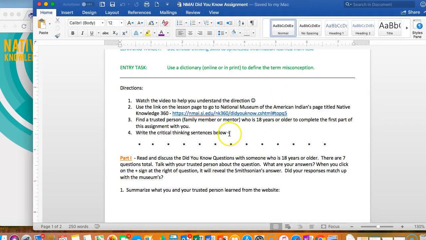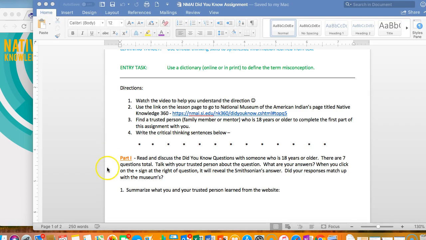Yay! The third one says that you are going to find a trusted person, a family member, a mentor, and what I would like them to be is 18 years or older. I want them to be able to have an adult conversation and share their knowledge with you about these questions regarding Native Americans, okay? And so here's the first part. You will read and discuss the did you know questions with someone who is 18 years or older.